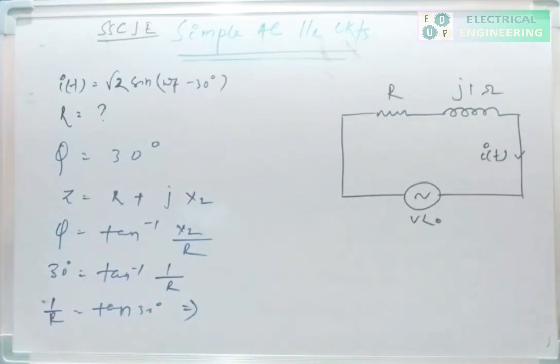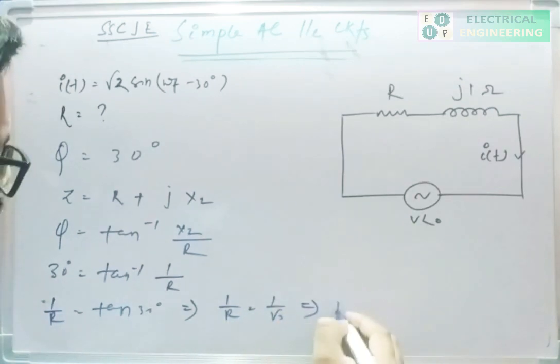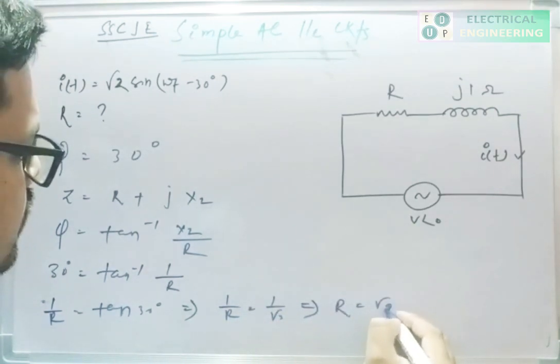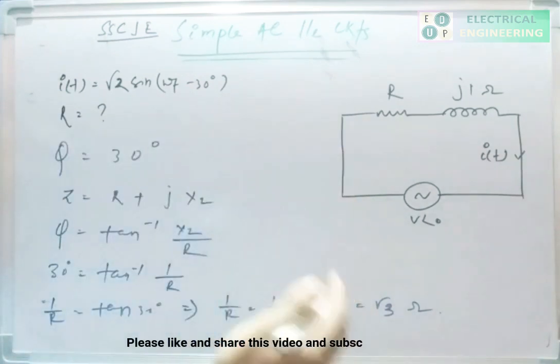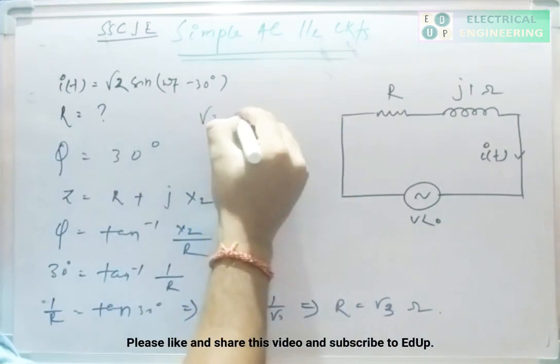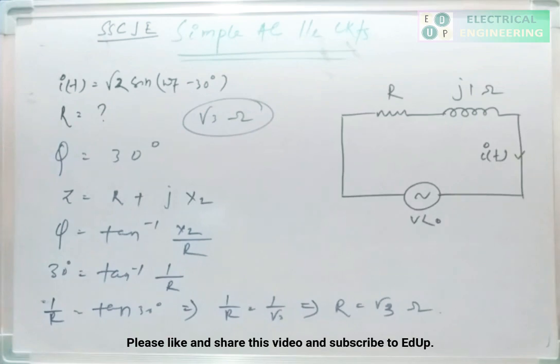Tan 30 is how much? 1 by root 3. So 1 by R equals 1 by root 3, and R equals root 3 ohm. I forgot the option, but the answer will be root 3 ohm.